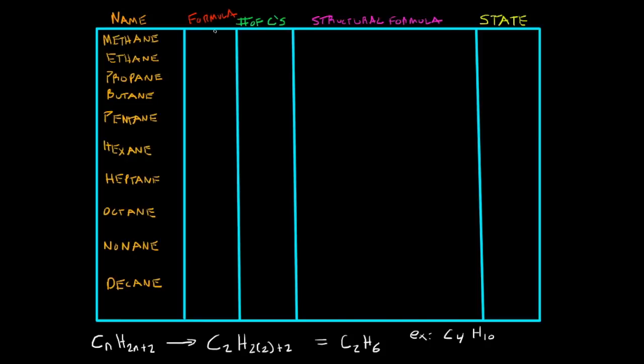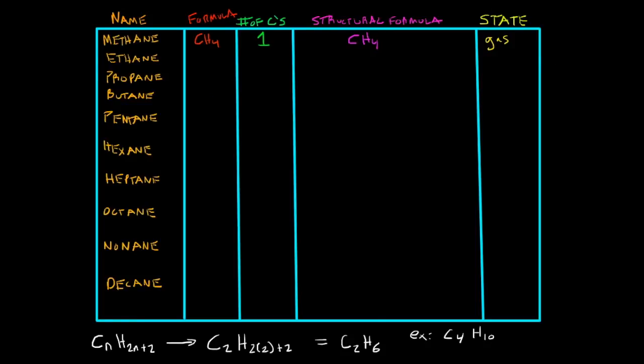The formula for methane is CH4, so there's one carbon and 4 hydrogens. The number of carbons is obviously 1, the structural formula is just CH4, and its state is gas. Okay, that is an easy one.